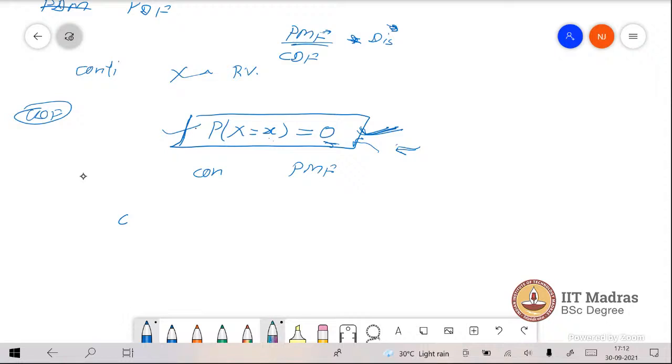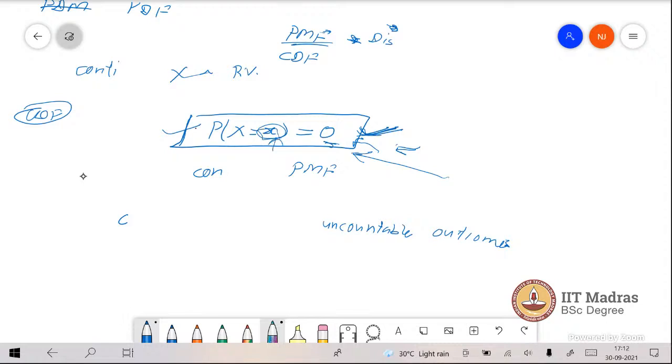Yeah, that's it. Because there are uncountable points, or say outcomes, in that random variable x. So P(X = x) = 0 doesn't mean that x will not occur anymore.